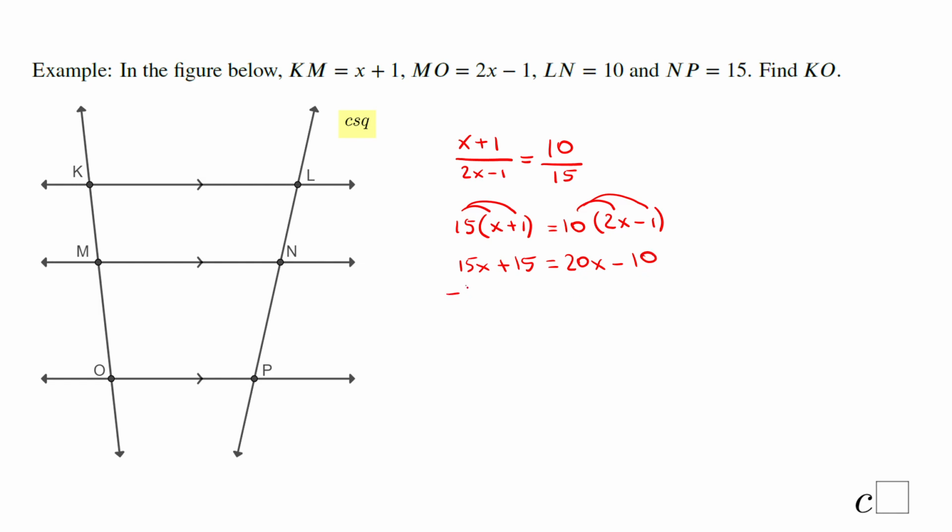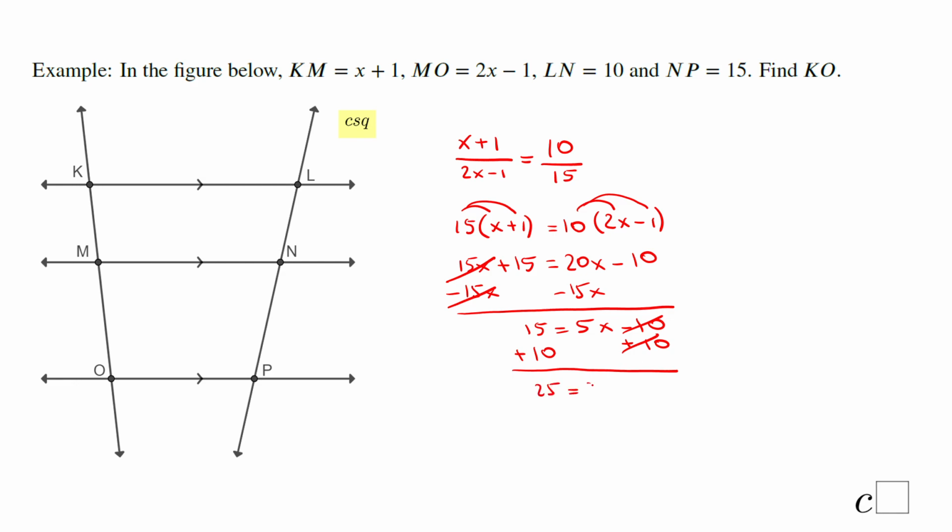I will subtract 15x here, and we have here 15 equals 5x minus 10, add 10, and that will be 25 equals 5x, divide by 5, and we have x equals 5.